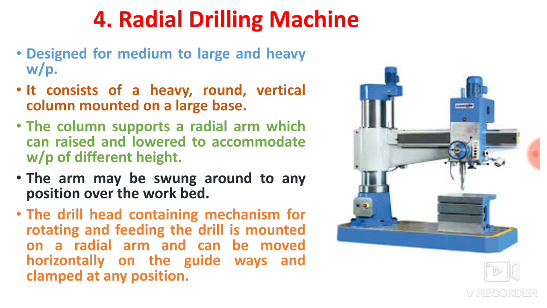Now the next type is the radial drilling machine. It is designed for medium to large and heavy duty workpieces. The machines that we have discussed, that is the portable drilling machine, the sensitive drilling machine and the upright drilling machine, are for lighter work, whereas the radial drilling machine is for medium to large and heavy duty work.